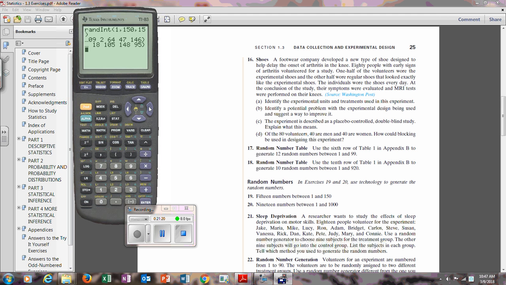In order to do the 9, we would use random integer again, 1 to 18, and then 9. Then we would just assign each number in the order that the names are listed. So person number 6, 1, 2, 3, 4, 5, 6, that would be Adam.